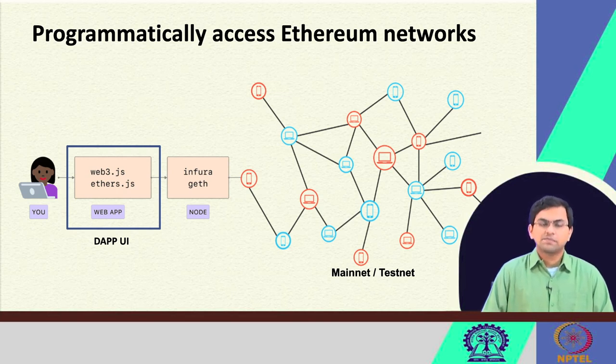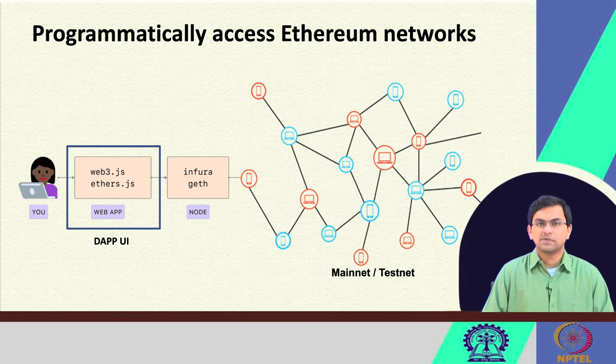But the dApp UI would be required for the end users to access the network, because as we saw, we can use a POST request through RPC over HTTP to interact with the Go Ethereum client and thus the Ethereum network.